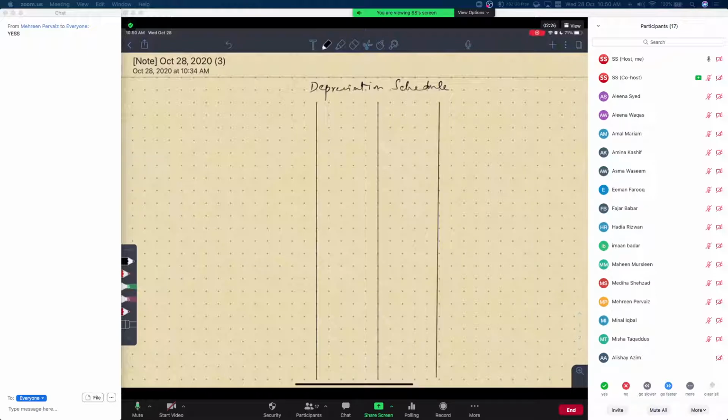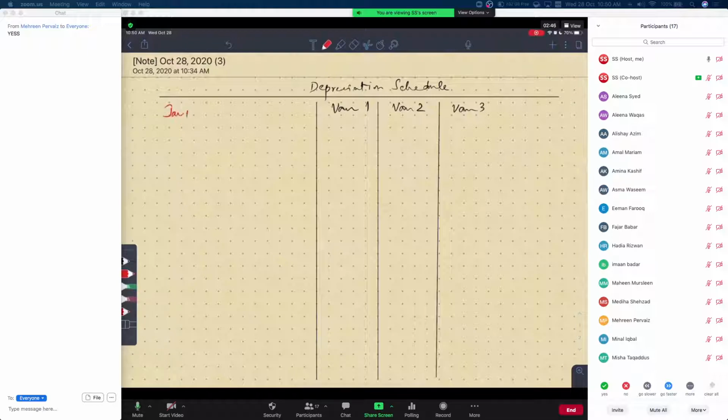It's not necessary that you do it the same way, but this is what I find the most effective way of controlling the calculation. So we'll have van 1, van 2, van 3, and we will start with the first year. The first year starts January 1st, 20x7, and goes on to 31st December 20x7, right?